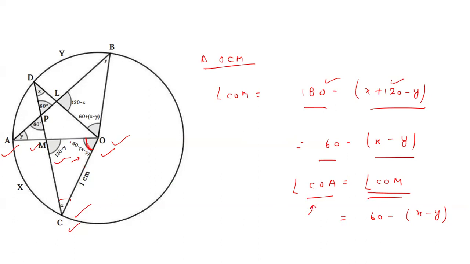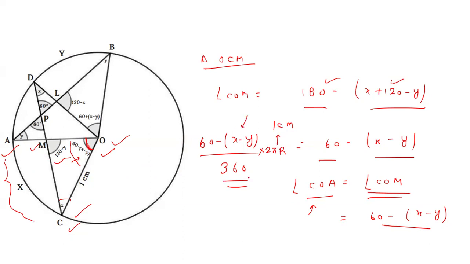So now we know this angle as 60 minus x minus y. If we know this angle, then we can calculate the length of this arc. This is (60 minus x minus y) divided by 360 and multiplied by 2 pi r. The R value given in the problem is 1 centimeter. So for this arc we calculated this angle.